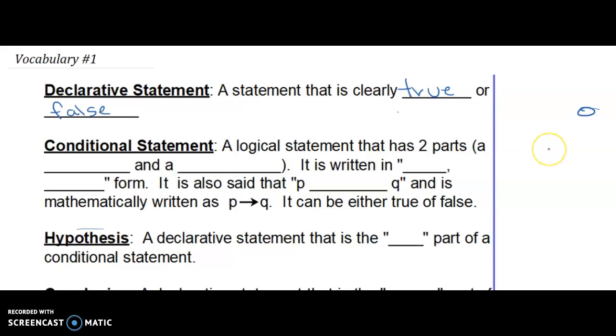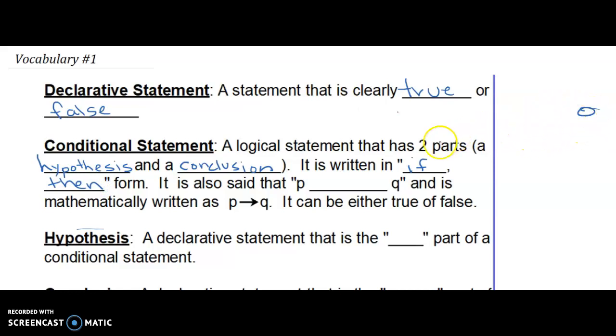All right, a conditional statement, which is kind of what this first half of the chapter really bounces off of, is a logical statement that has two parts put together. It has a hypothesis and a conclusion. It is written in if-then form, and this will make sense after we do some examples.